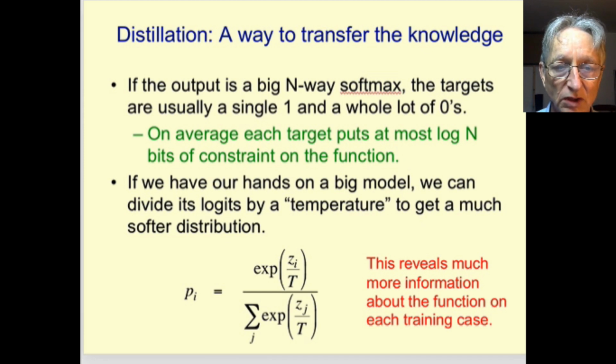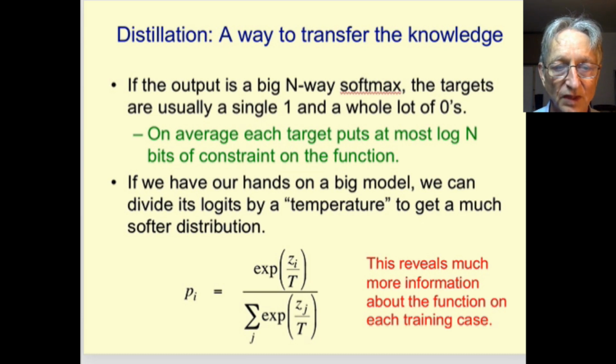So if you have a big model, let's suppose the output is a big n-way softmax between n different classes. The targets are usually a single one and a whole lot of zeros. That means the labels you give it, on average, put at most log n bits of constraint on what the function is. You give it an input image that has lots of bits in it, but then the label only imposes a small amount of constraint on the function.